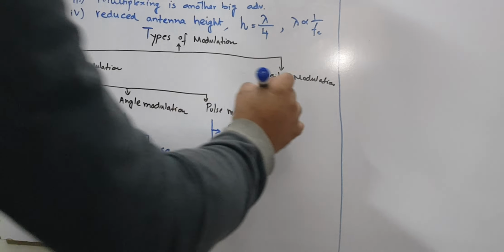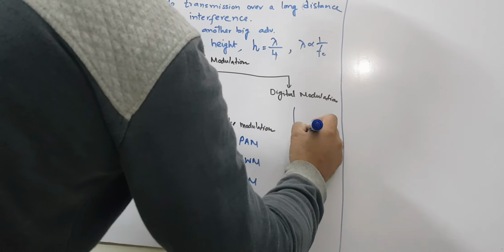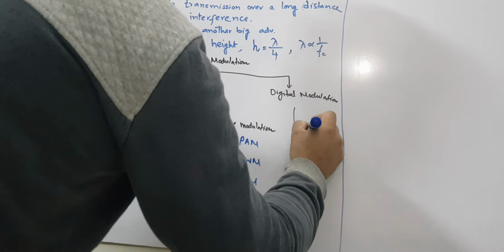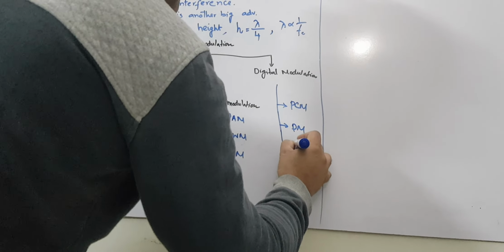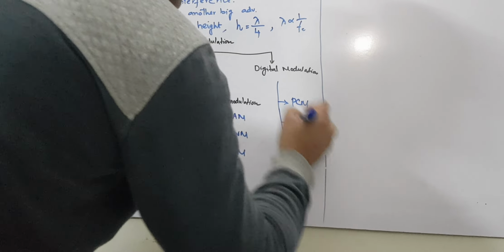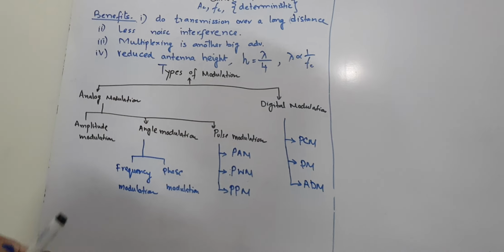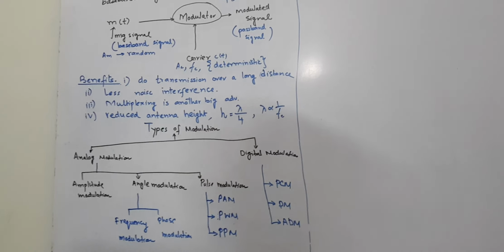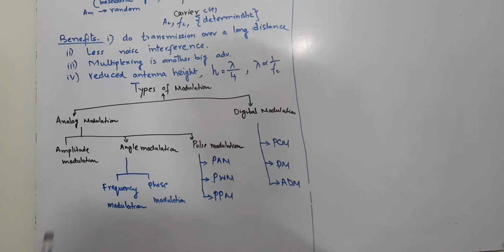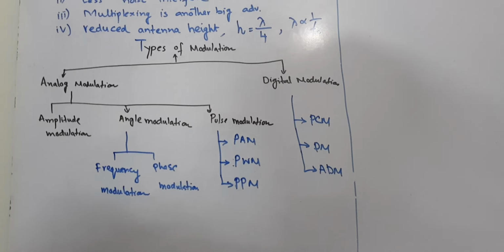But the digital modulation is further subdivided into pulse code modulation, delta modulation, and adaptive delta modulation. So these are the low frequency digital modulations. We will cover the high frequency digital modulation in some other lectures.